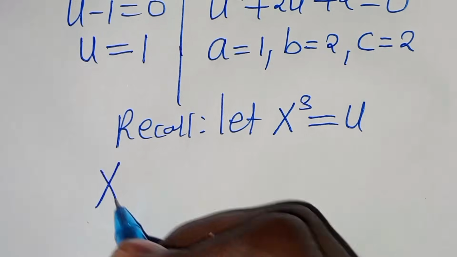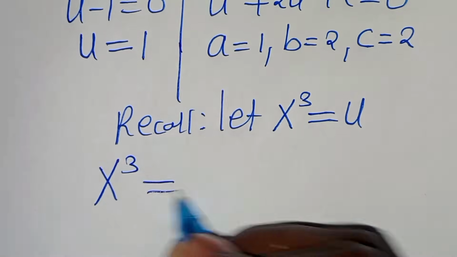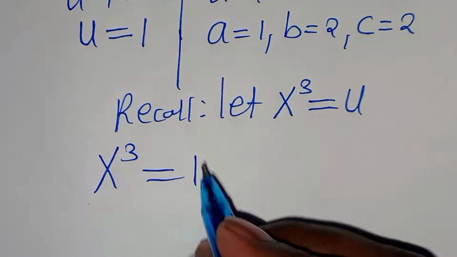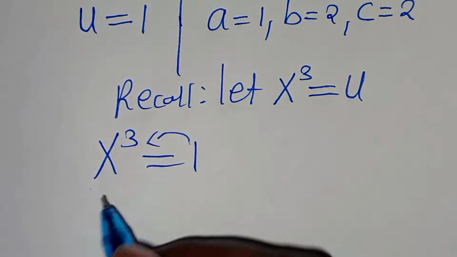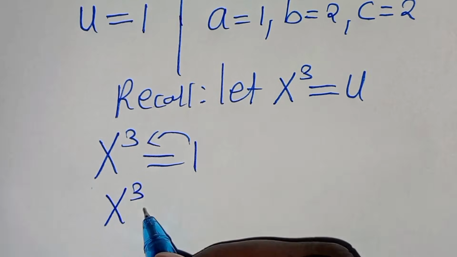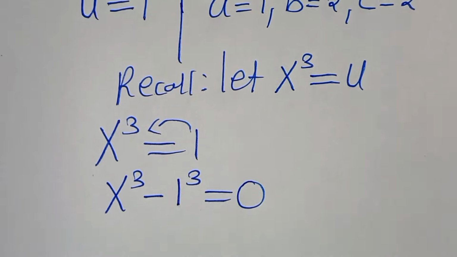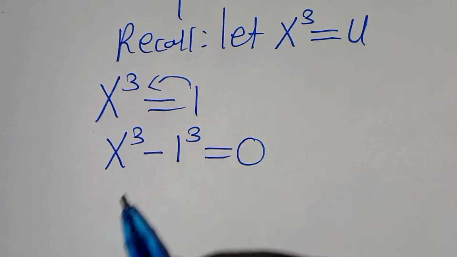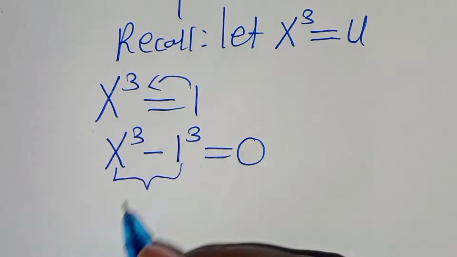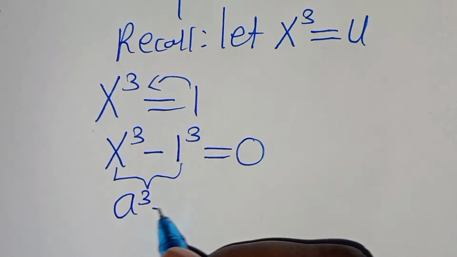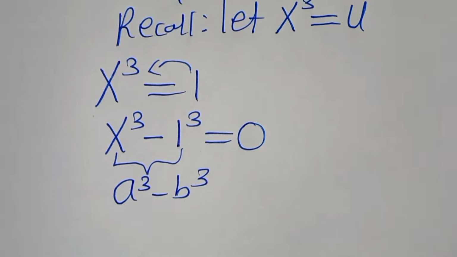So x to the power of 3 is equal to 1. Now let's take 1 on the left hand side. So this is x to the power of 3 subtract 1 to the power of 3, equal to 0. This is the difference of two cubes, expressed as a to the power of 3 minus b to the power of 3.